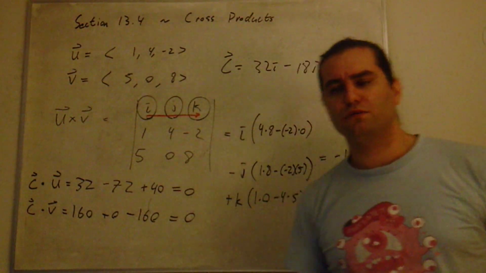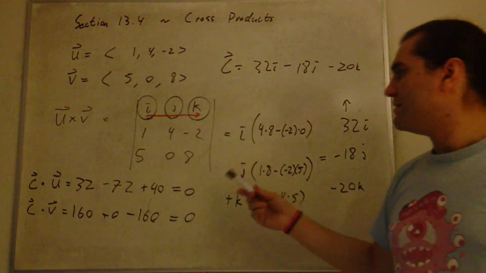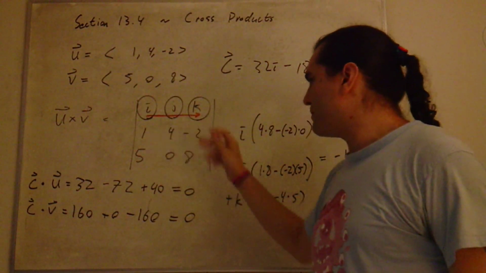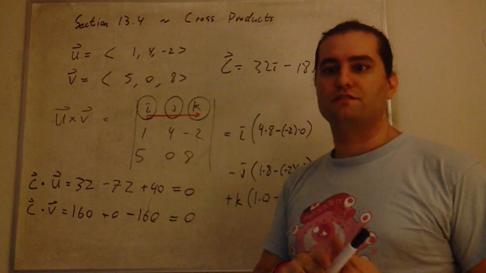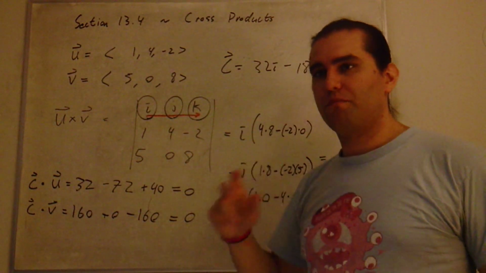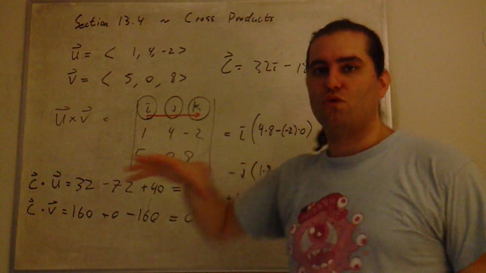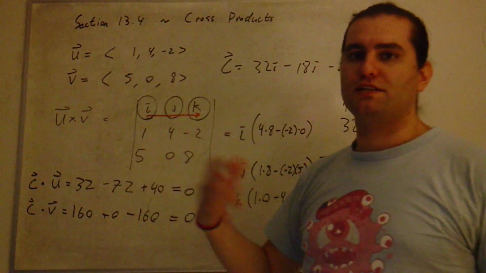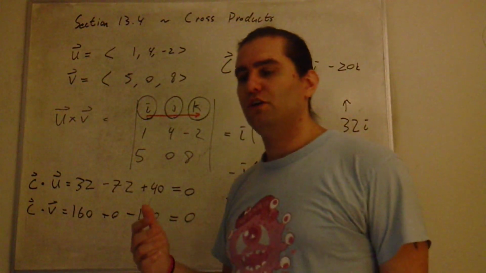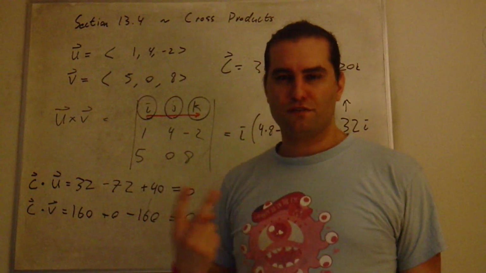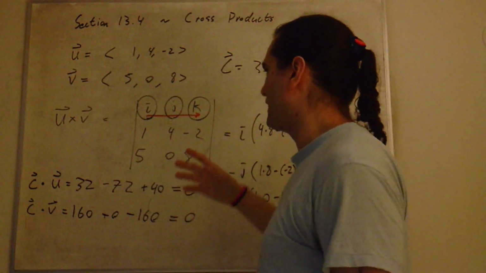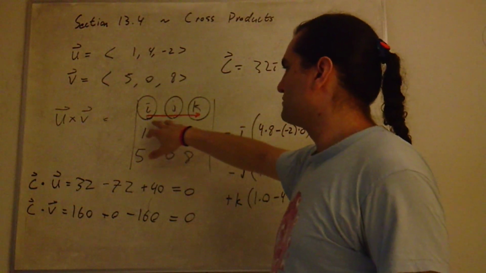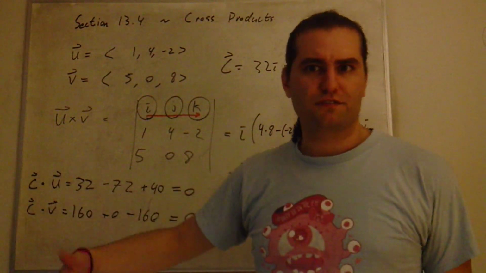Couple other quick notes on cross products. The idea of creating a 3-dimensional vector is why these cross products only work in 3 dimensions. You cannot take the cross product of 2-dimensional vectors. You would end up with a non-square matrix, basically.